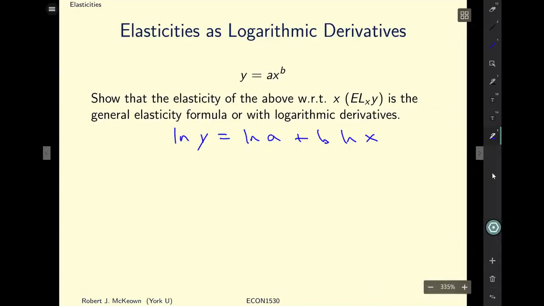And notice that if I take the derivative of the log of y with respect to the log of x, I just end up with b as the elasticity.